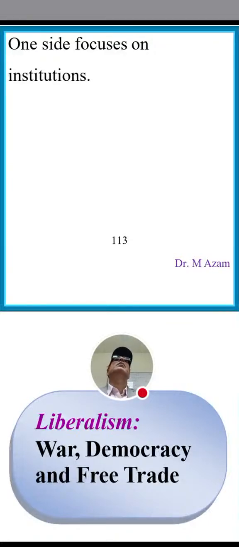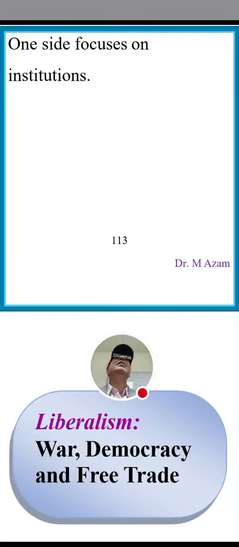These are also institutions. Do you know? Respecting each other is also an institution. Human dignity is also an institution. Human rights is also an institution. Institution is a very broad term. Whatever is instituted, the practices, the traditions, they are all institutions.